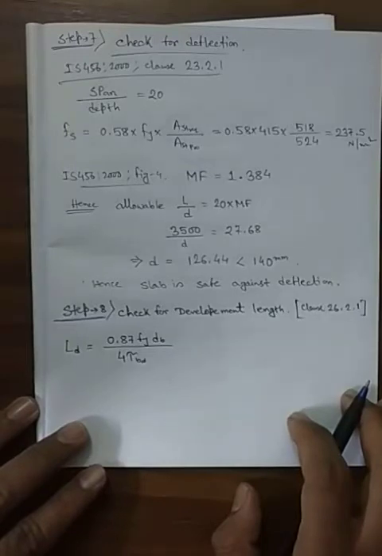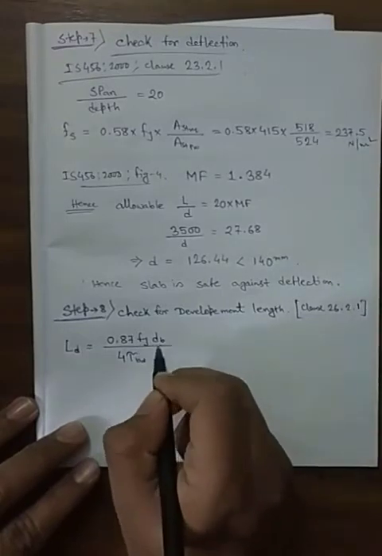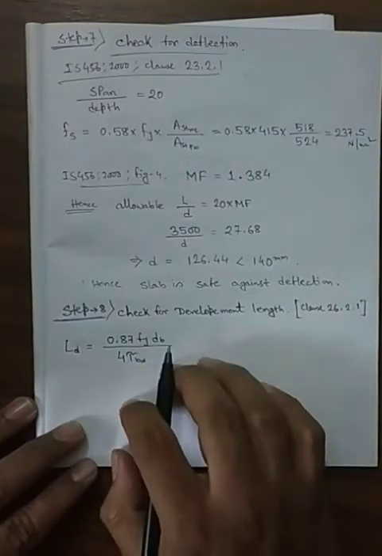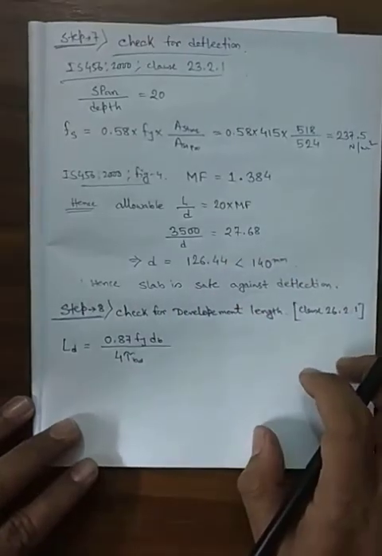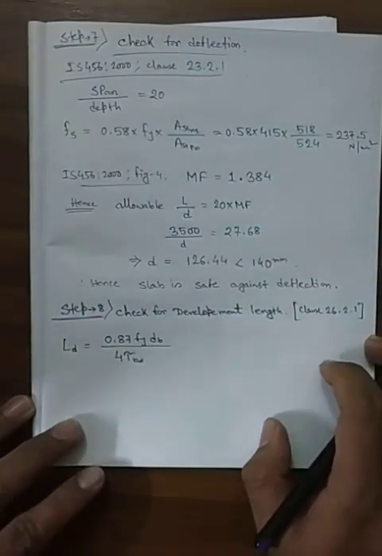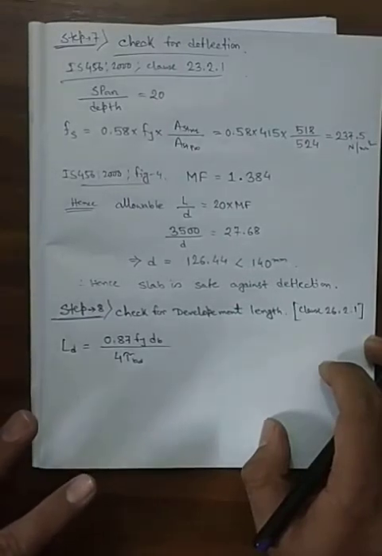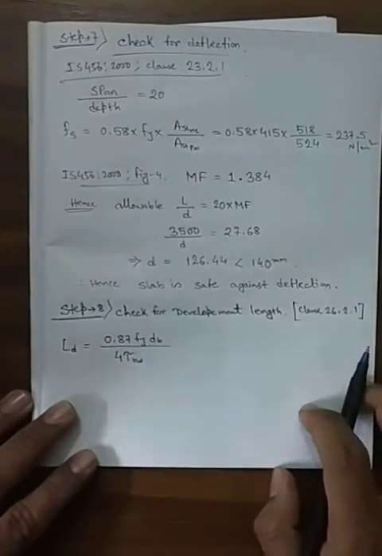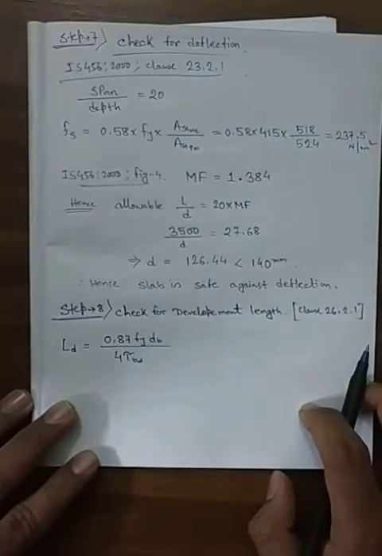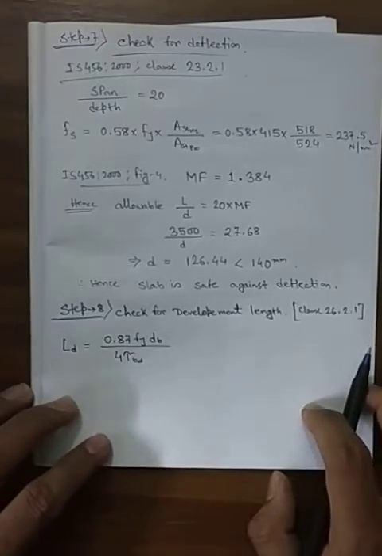This dB is nothing but the dia of the main bar. In our problem we use a main bar dia of 10 millimeters, so our dB is fixed at 10 millimeters. Now tau bt is a new term. It is the bonding stress.